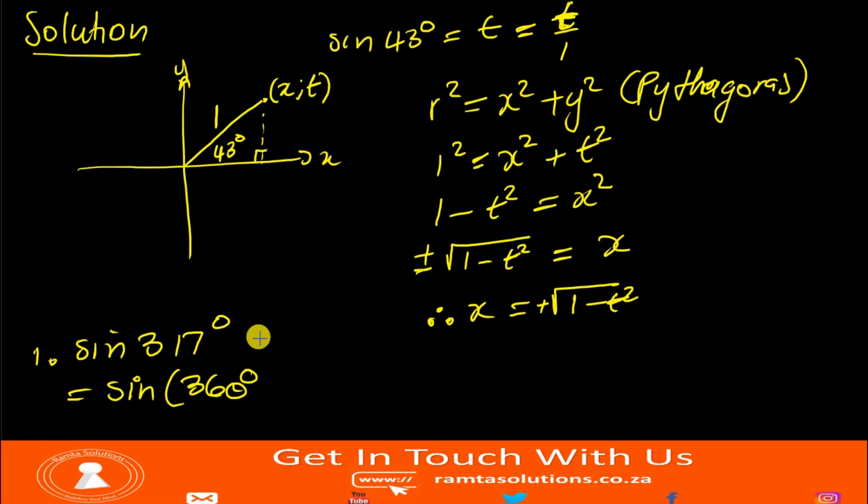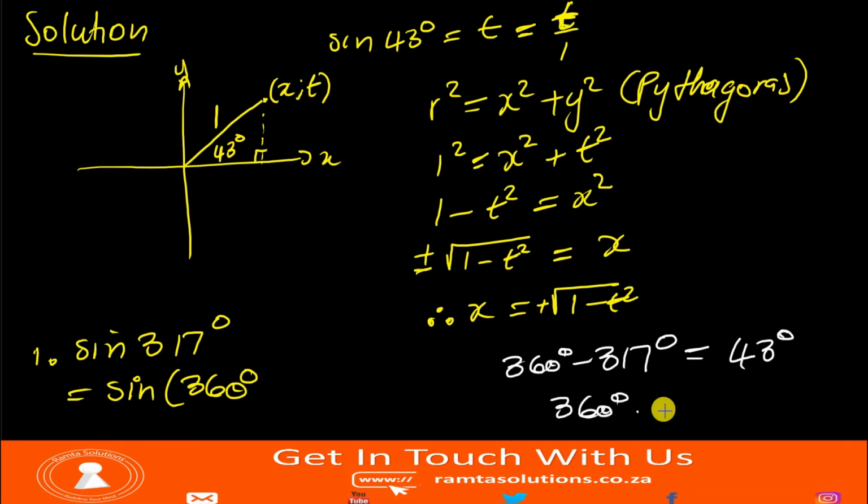To get what your angle is, say 360 degrees minus the angle at the top there, which is 317. What is it? You will realize that it is 43 degrees. So in other words, we are saying 360 degrees minus 43 degrees is equal to 317 degrees.